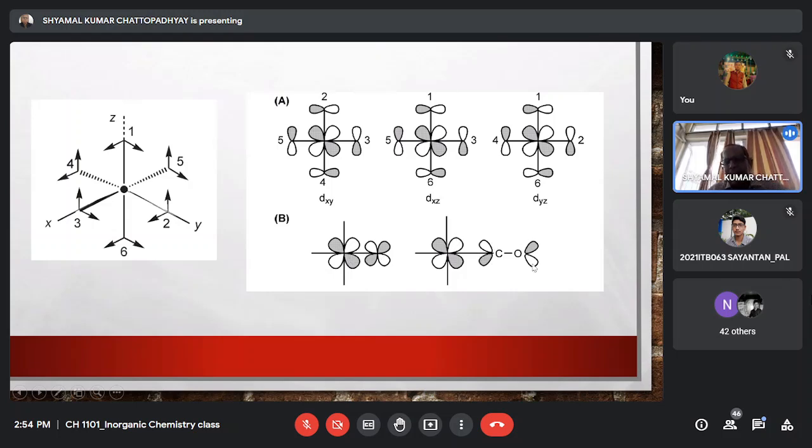So the vacant pi star orbital gets electron back from the metal, or the vacant d-pi orbital gets electron back from the metal. So these are called back bonding. And this back bonding concept you have had some introduction to in school, I mean in 11th-12th classes.